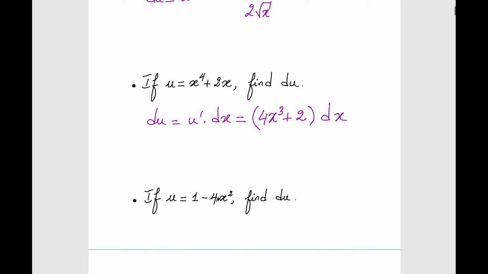If u is 1 minus 4x squared, find du. The differential of u is u prime dx by the definition above, so the derivative of this u with respect to x is minus 8x. The differential of u in this case is negative 8x dx.